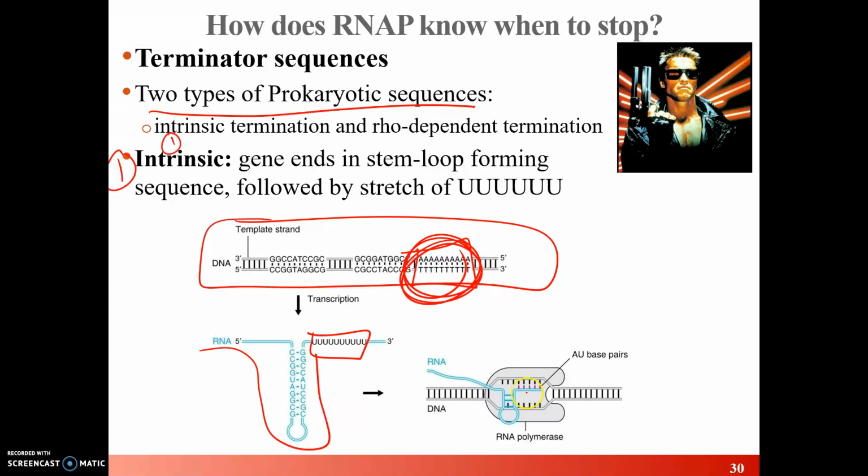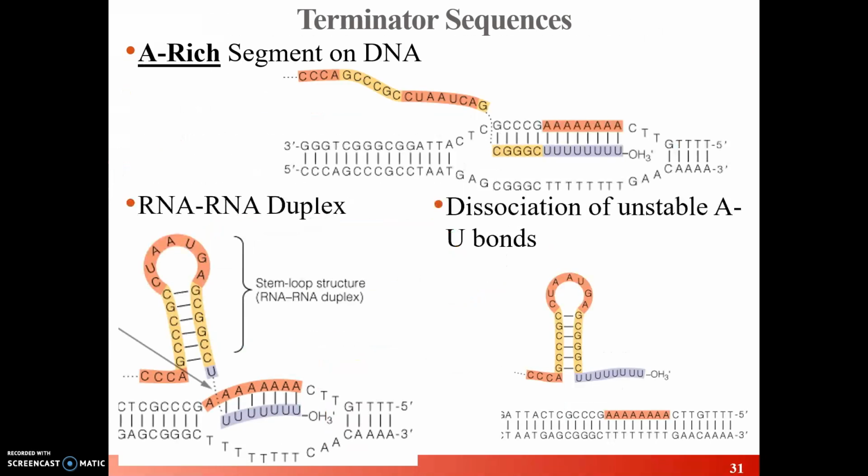That connection there, your A's and U's, is really weak, and so that allows the RNA transcript to fall off. So you have a stem loop signal, a weak connection, RNA is done being made, falls off, and transcription is over. So that's the intrinsic option.